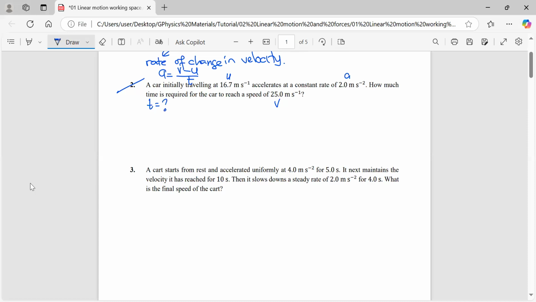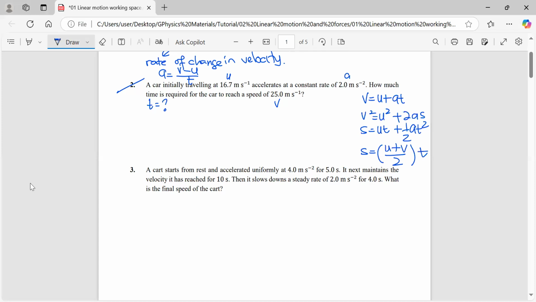For example, the first one, when we define acceleration, the formula is v = u + at. Then we have v² = u² + 2as. Then s = ut + ½at². And you also have another formula, s = (u + v)/2, initial speed plus final speed divided by 2, multiplied by the time.